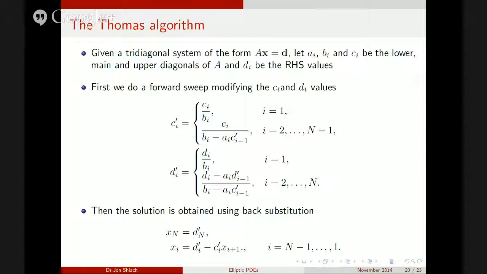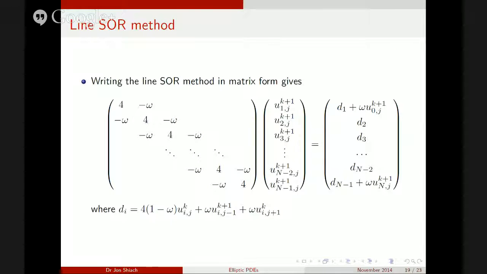So we've got a tridiagonal system in the form Ax equals some right-hand side vector d. I think I've called it b in the notes, but I called it d on the slides for a reason I'm going to tell you about in a minute. What we do is we let a, b, and c be equal to elements on the lower, main, and upper diagonals of A. If I just go back a slide, our a elements, in this case, are going to be minus omega all the way down.